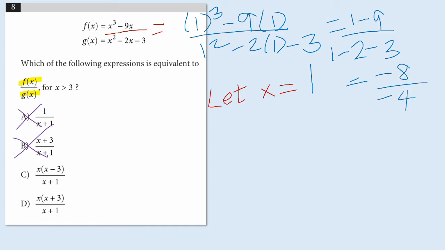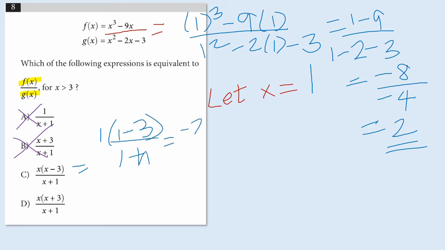Okay, so we want to know for C or D, if we substitute 1 in for x, which of those answer choices results in 2? So let's try C. I would have 1 times 1 minus 3 over 1 plus 1, which is negative 2 over 2, which is negative 1. So we can eliminate C. At this point, we can say that D is the answer, but let's go through with it just to prove that it works.